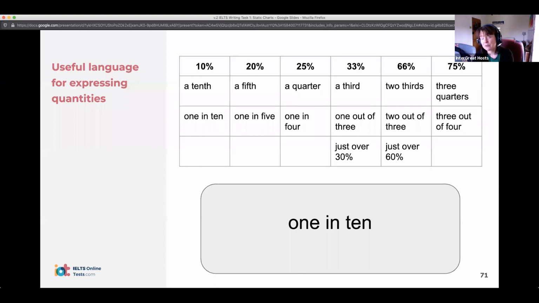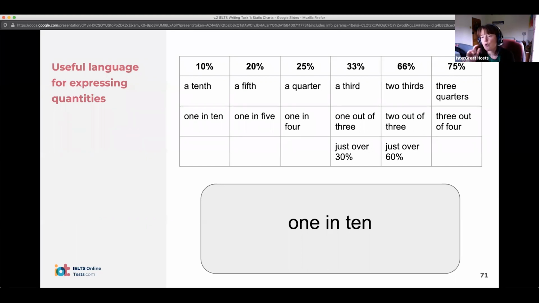And as you can see at the bottom, approximate language is also really useful. So you can say things like just over, just under, approximately, roughly, those kind of words. They're good words and they also add to your word count. Yeah, about, things like that. They're really good words. Almost, nearly, exactly, okay?